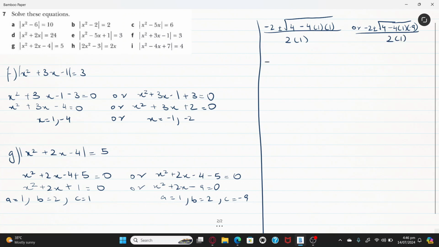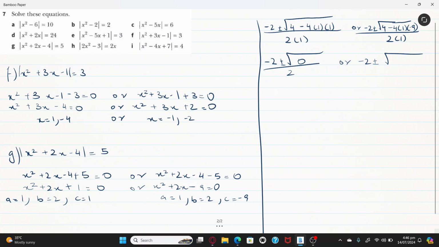Again, simplify this. -2 plus minus under root 4 minus 4 is going to be 0, divided by 2, or -2 plus minus under root 4, and -9 multiplied by -4 is going to become positive. Wait a second.